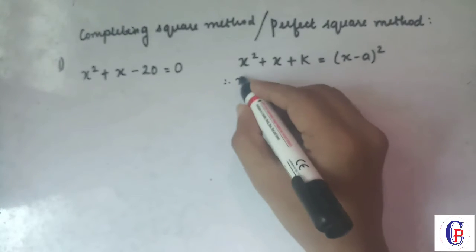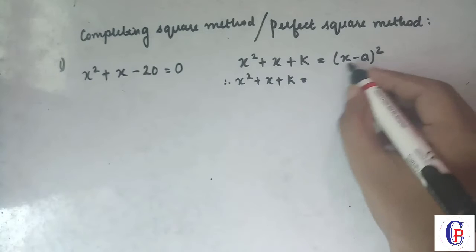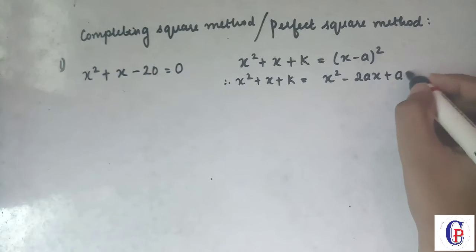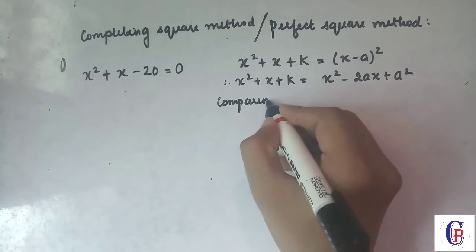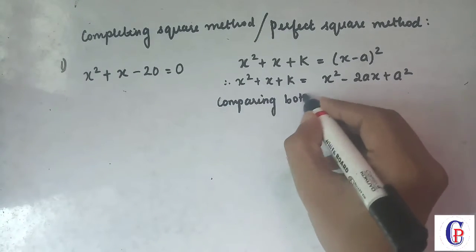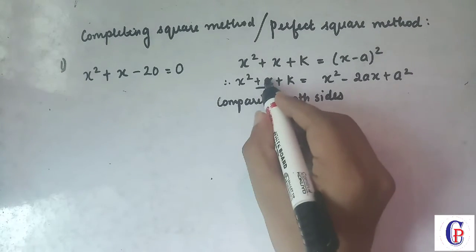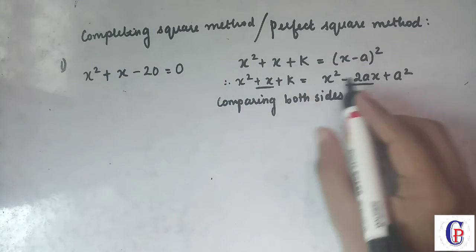So what we get from this is x square plus x plus k. Expand this, you will get x square minus 2ax plus a square. Now if you compare both the sides, here the coefficient of x is 1 and here the coefficient of x is minus 2a.